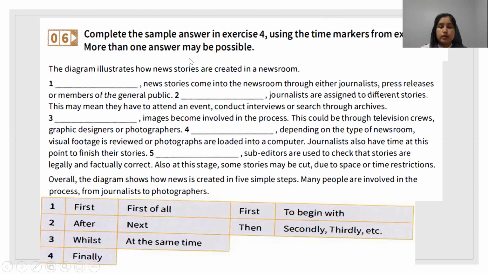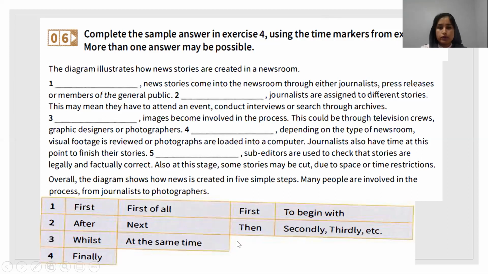As it said that more than one answer can be possible, we can say secondly, or after that, journalists are assigned to different stories. This may mean they have to attend an event, conduct interviews, or search through archives. Then we can say thirdly, images become involved in the process. This could be through television crews, graphic designers, or photographers.